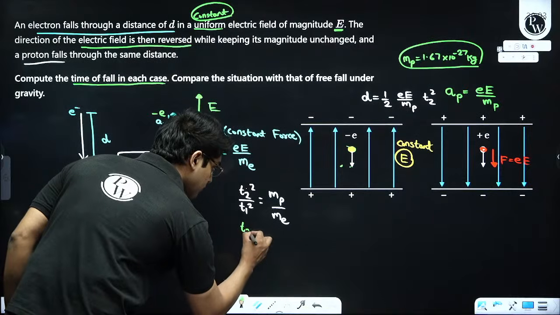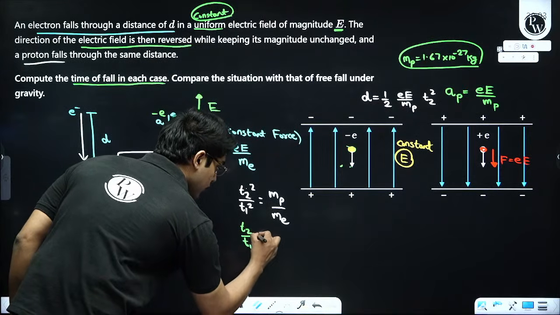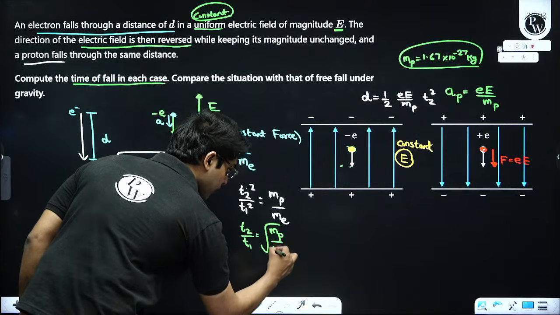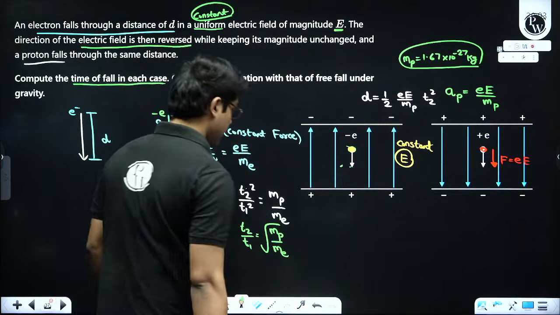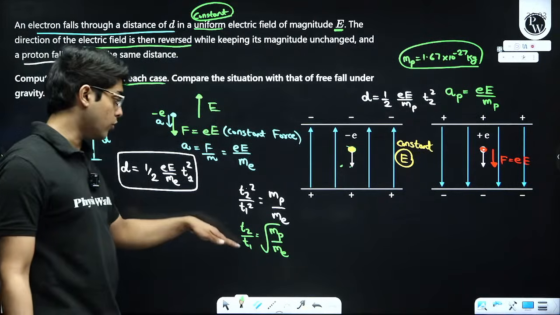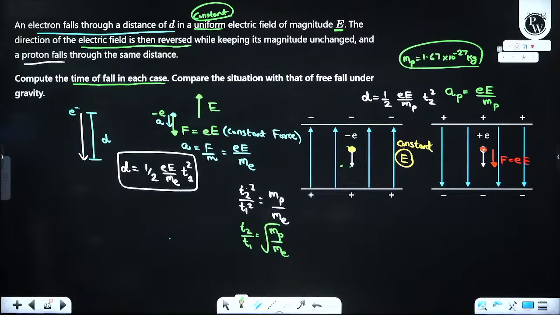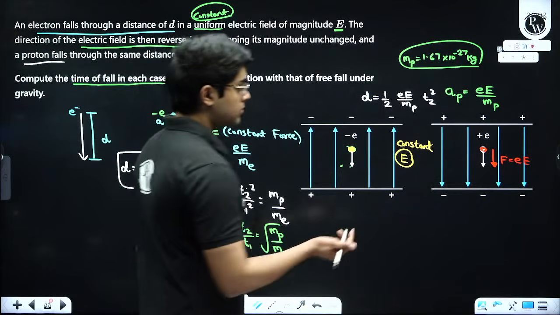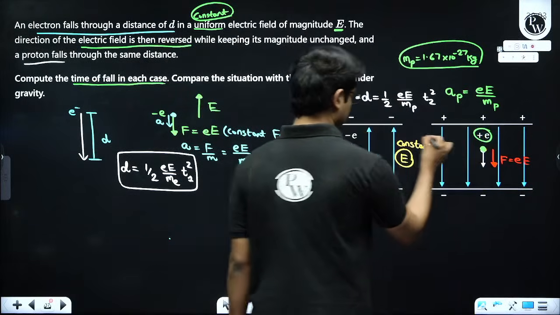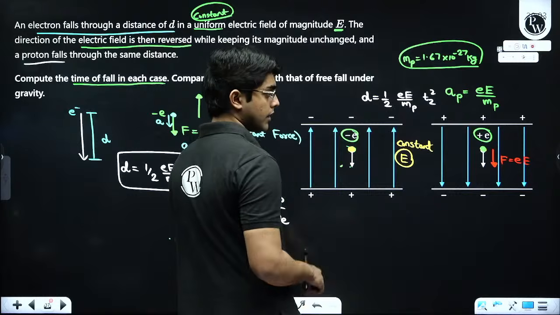T2 by T1 will be square root of mass of proton divided by mass of electron. So the time ratio T2 by T1 is equal to root of MP by ME. The main logic is that proton's mass is different, but charge is the same. Their charge is identical in magnitude.